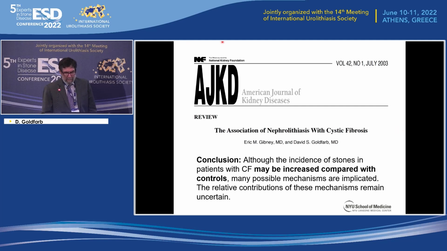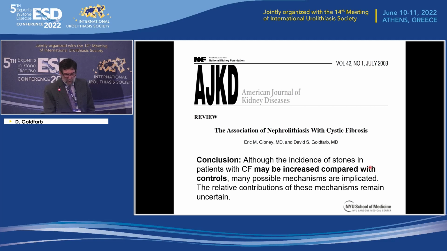And because I'll refer to this later, we also wrote this review of the association of kidney stones with cystic fibrosis, pointing out that these are patients who have abnormal loss of salt and water, and a variety of other dietary abnormalities have been ascribed to cystic fibrosis and the like. And we concluded that patients with CF could be increased compared with controls in terms of their kidney stone numbers, but there were many other possible mechanisms that were implicated.